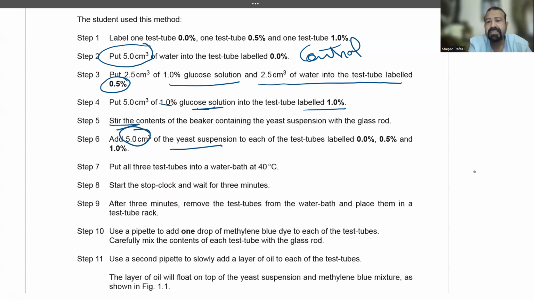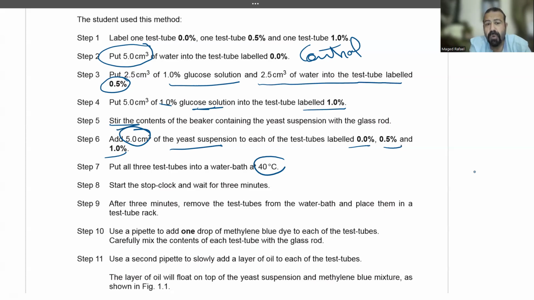Now we have a control because he used the same volume of yeast suspension in all tested tubes. He put all three tested tubes into a water bath at 40 degrees Celsius. Another control: the temperature was 40 degrees Celsius in all tested tubes.